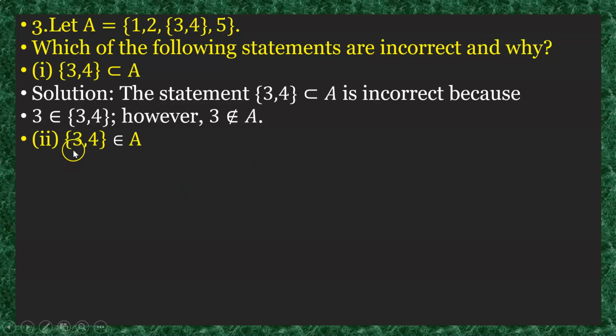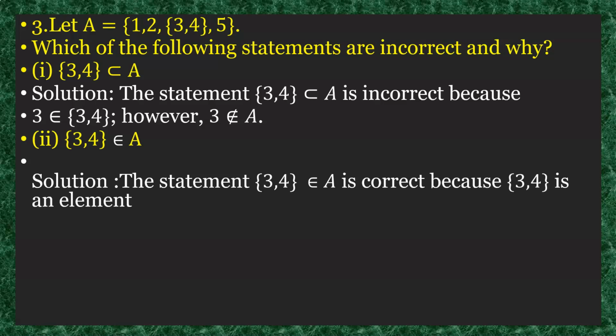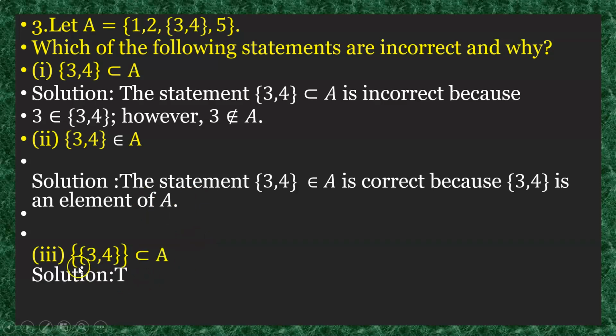Next is {3, 4} belongs to A. Yes, it's clear. It's true. The statement {3, 4} belongs to A is correct because {3, 4} is an element of A. Third, the set {{3, 4}} is a subset of A. Yes.